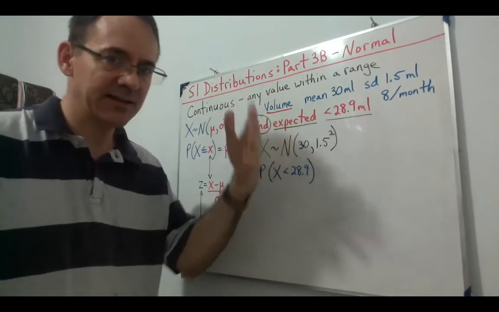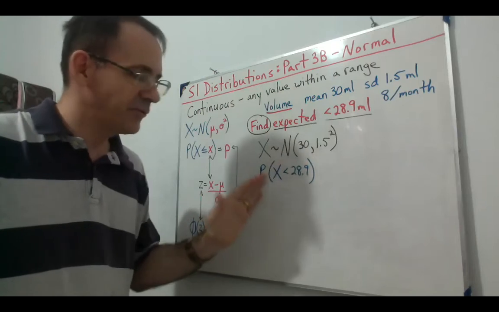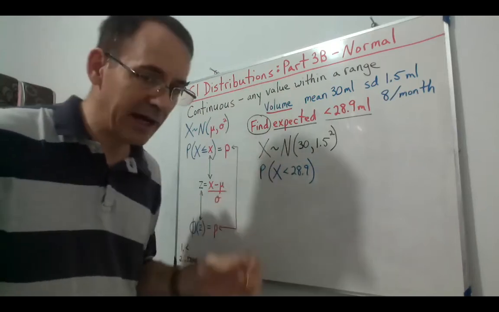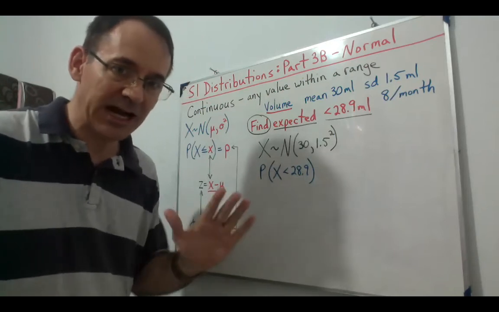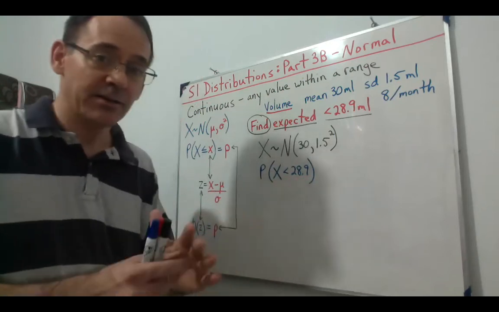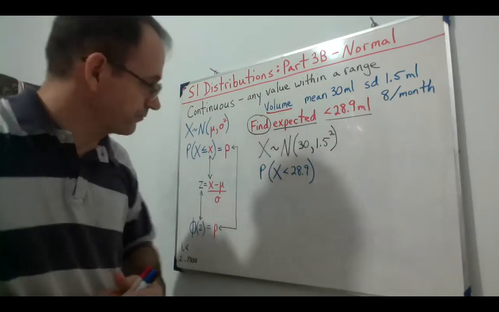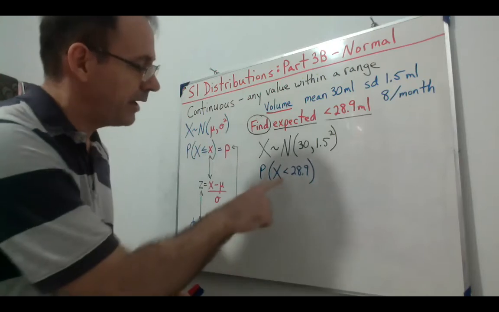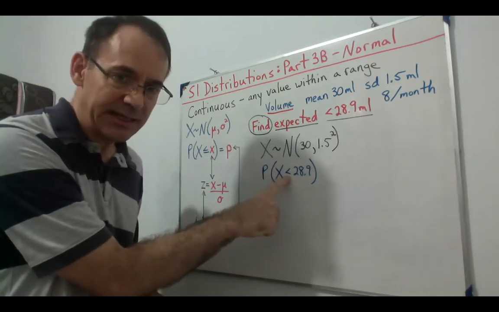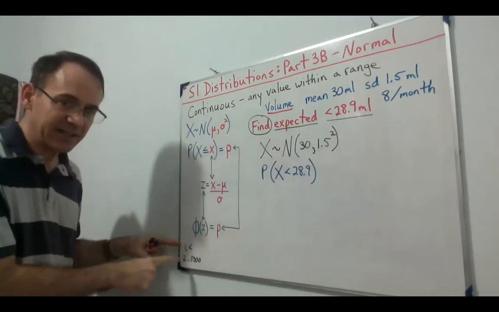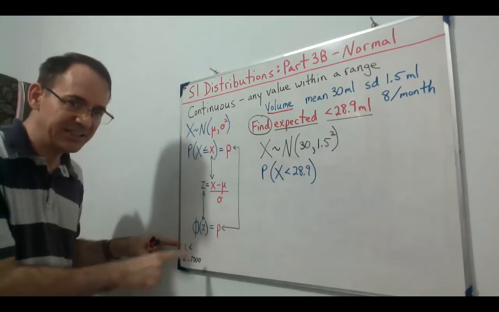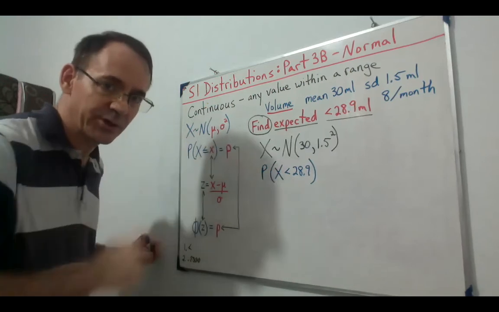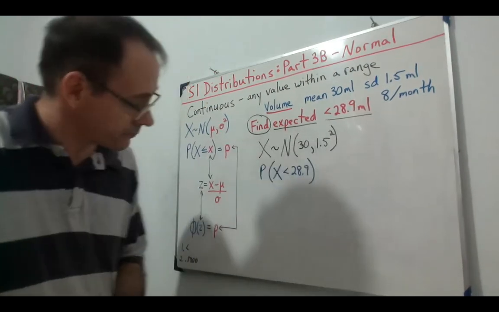It doesn't really affect your numbers because it's continuous. It goes all the way up to that point, whether it includes it or not. The area behind it, the probability, is still the same. So we don't have to worry about that, which is good, but we do have to pay attention to the inequality because it is important for our phi z chart, which only does less than. This is less than, so we're good to go for that.